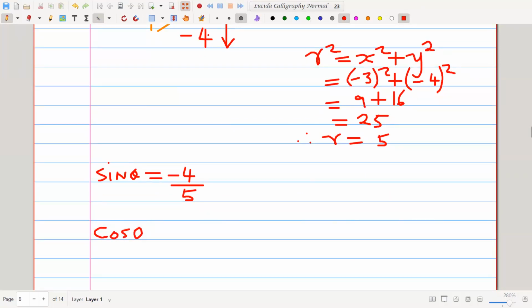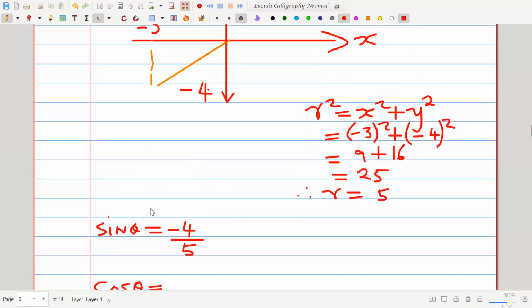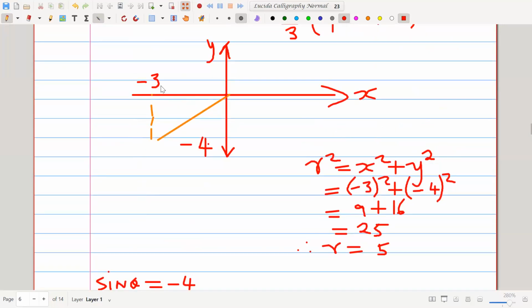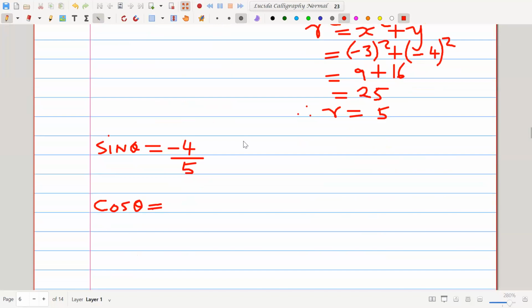So we want cosine theta, which is defined as x over r. Our x, in this case, is going to be this value. From here to here, that's going to be our x. Our x value is -3. Remember, our r is 5. So that's what we need. From there, the problem is almost solved.